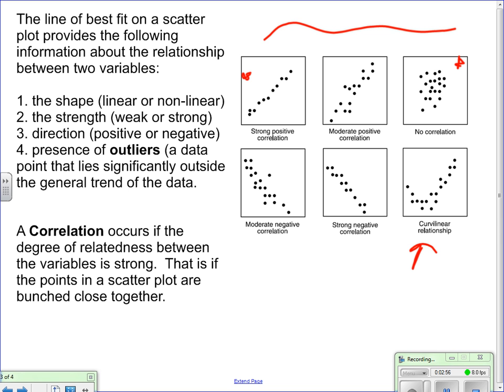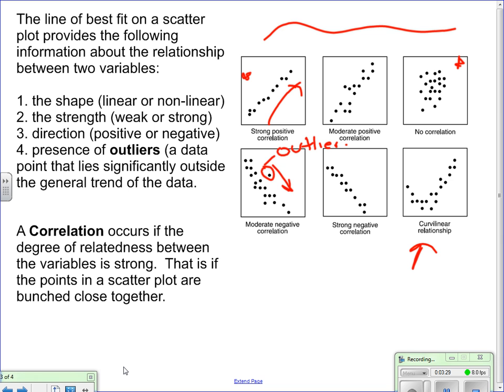We can tell if a relationship is going in a positive direction, meaning that one is increasing while the other increases, like these ones here, or negative, as one increases, the other decreases. And it can also tell us the presence of outliers, so points of data that don't fall into a particular line. This is an outlier right here.